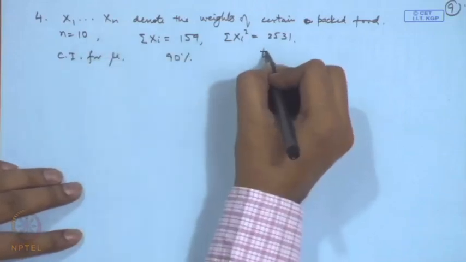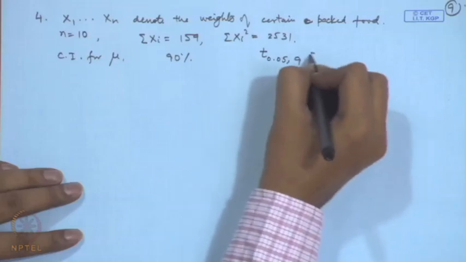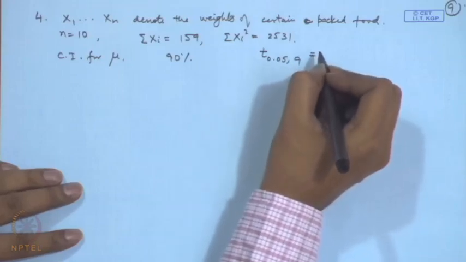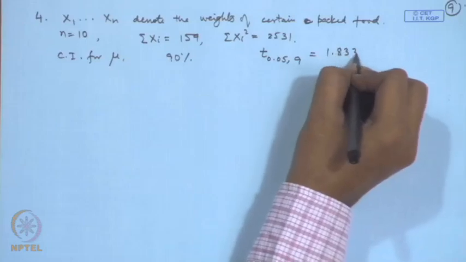So, we need to look at the value of t at 0.05, 9. This value from the tables of the t distribution turns out to be 1.833.